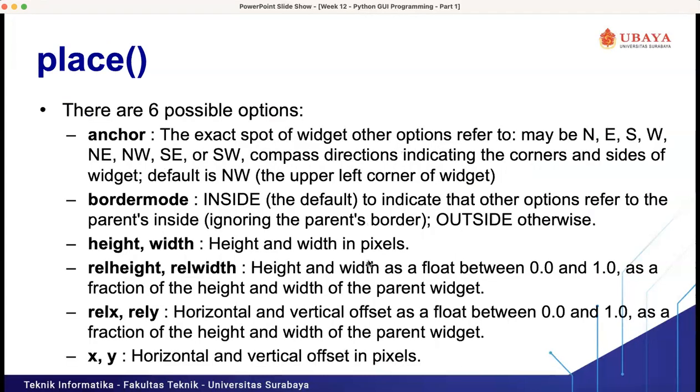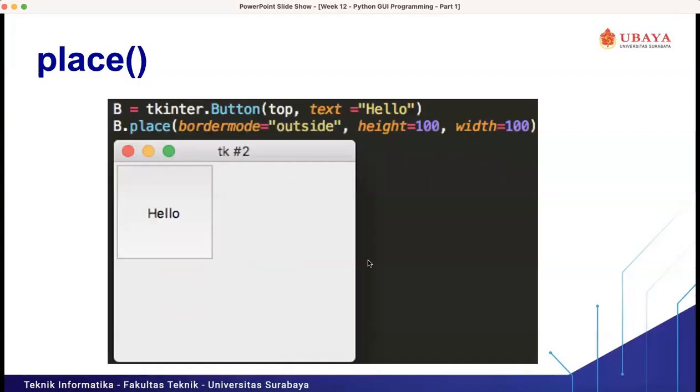Okay, the last one is the place method. For the place here, we create a button variable, right? Then we call the place function. Border mode equal outside, height equal 100, width equal 100.